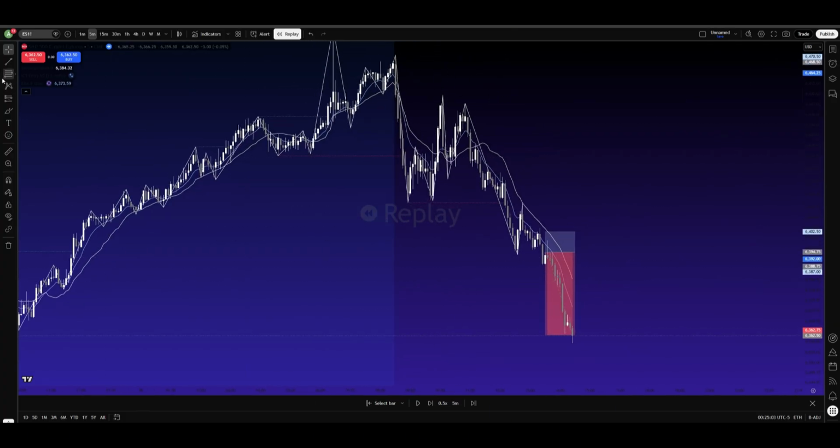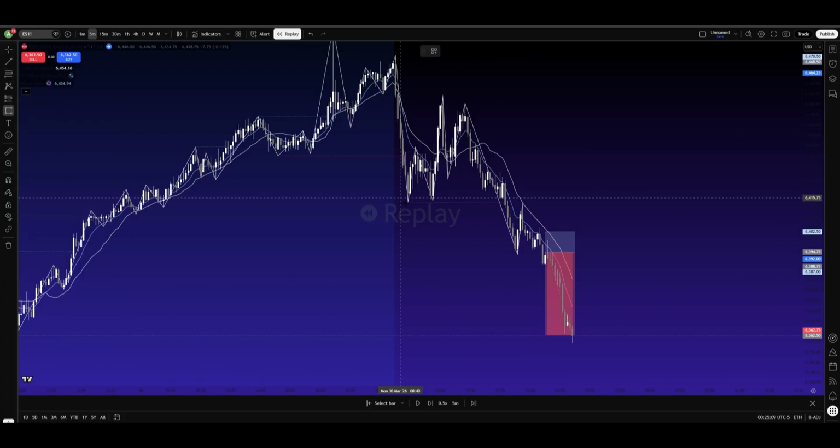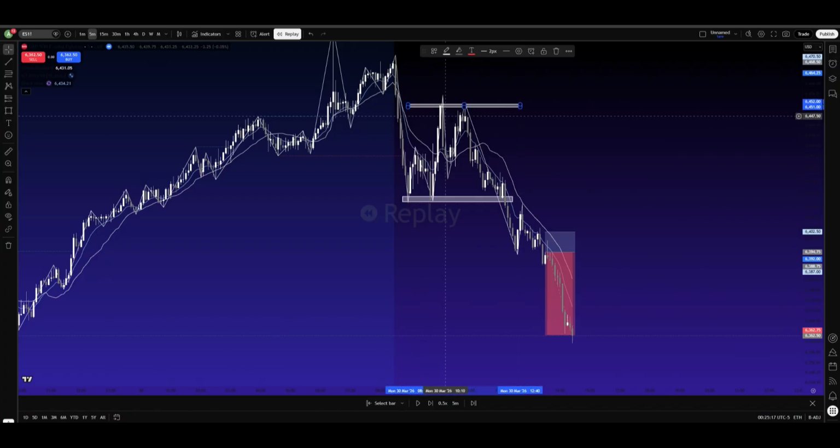Off the bat, came in, marked up my areas. We got broke below this structure, or this support, right? We had come down from up here, right? As you can see, we had this double top on the 1 hourly.